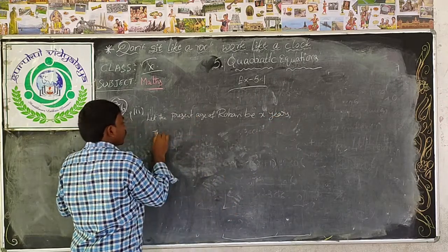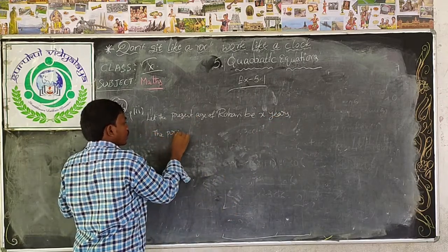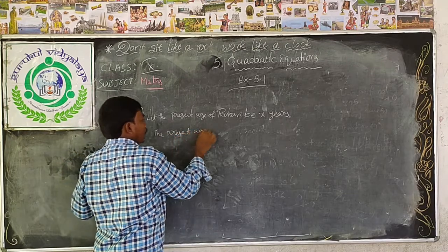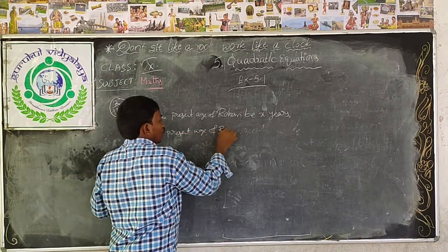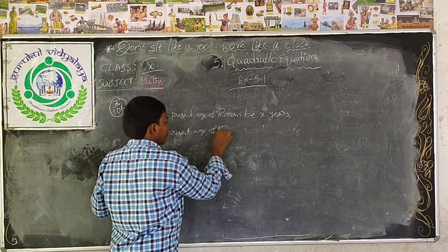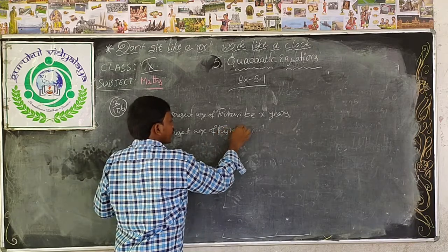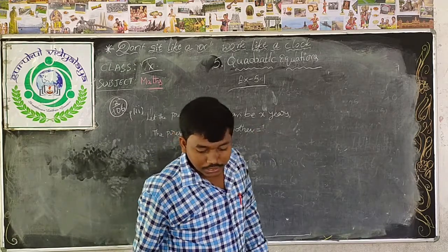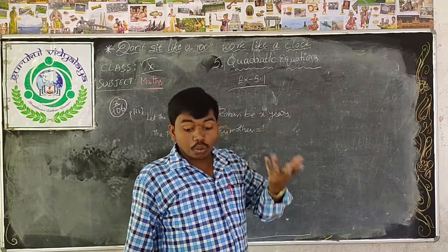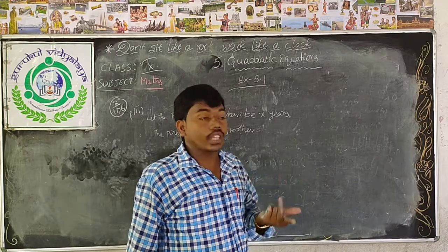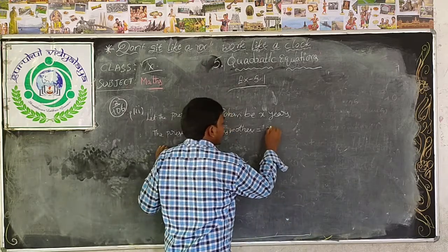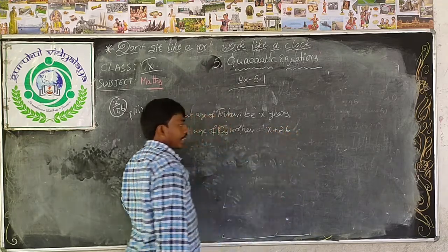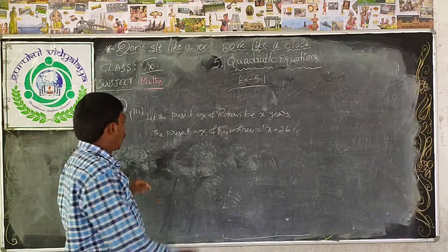Okay, the present age of his mother, that is Rohan's mother. What's the relation? 26 years more than Rohan means x plus 26.